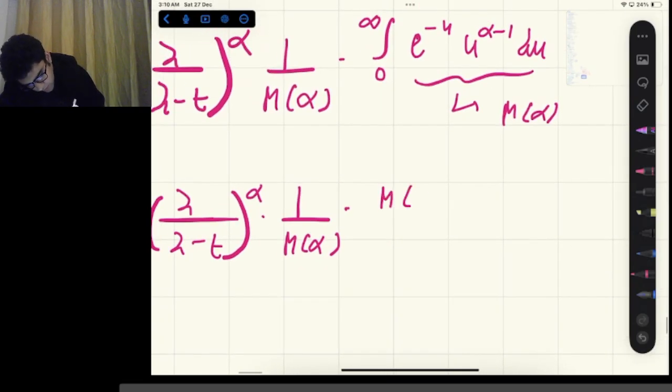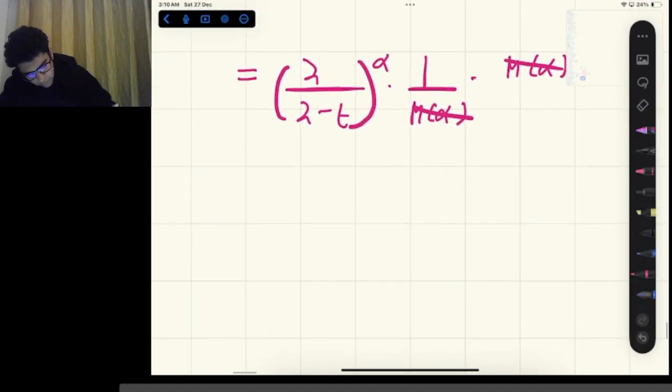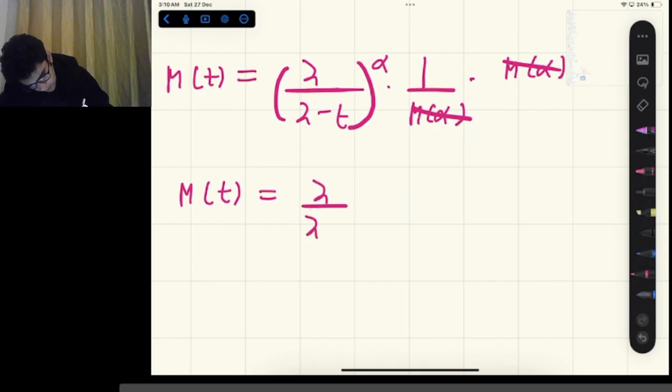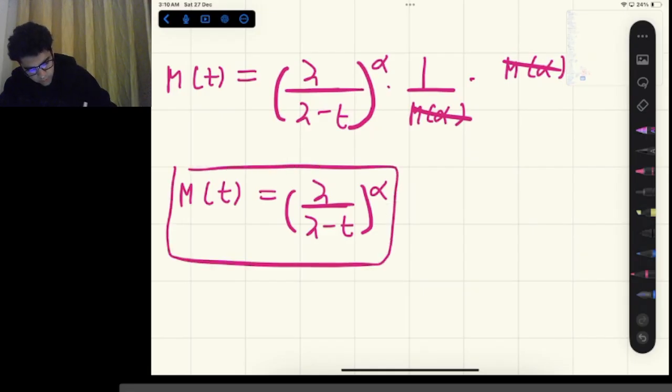So I can cancel this out, and finally what I am left with is lambda upon lambda minus t to the power alpha, right? So this is my moment generating function.